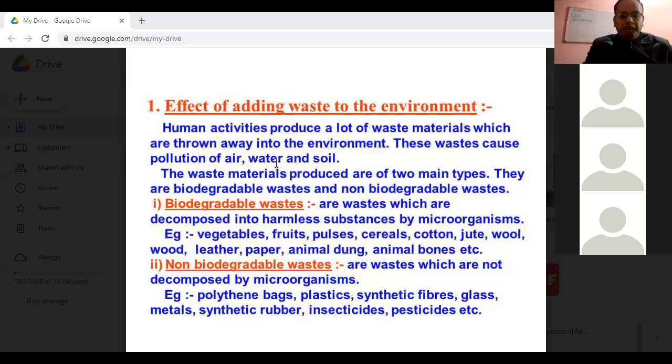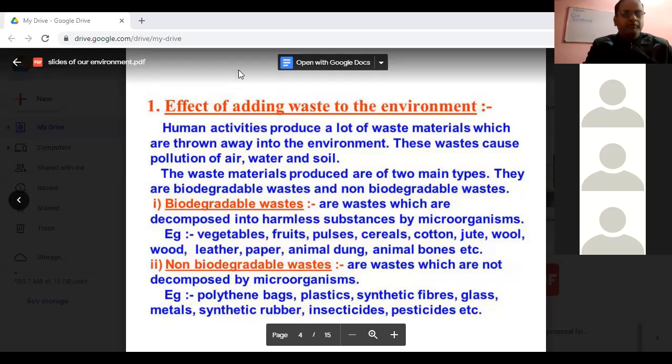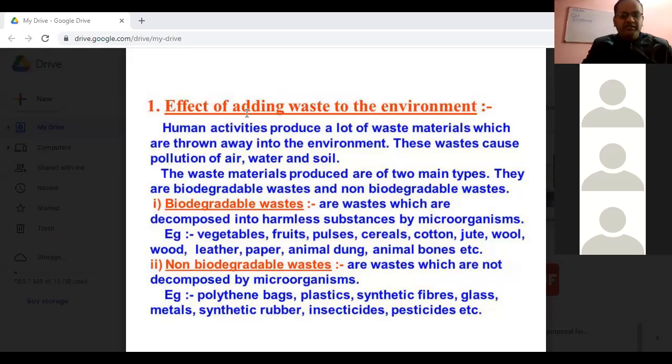So from the definition and the examples itself, it is clear to us that the non-biodegradable waste will be creating pollution of air, soil, and water, all the three aspects. So is it clear to all what is the effect of adding waste to the environment?